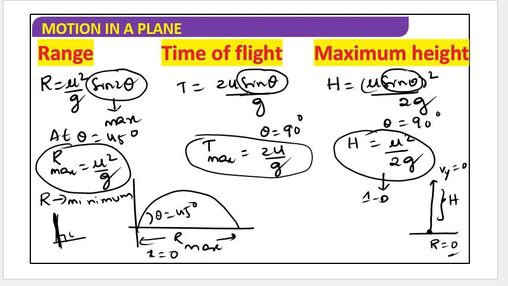That means theta is equal to 90 degrees. When the angle is 90 degrees with the horizontal, the range is equal to 0. So at theta equal to 90 degrees, range is minimum. At theta equal to 45 degrees, range is maximum. Clear, children?